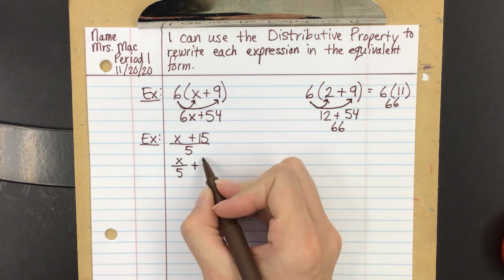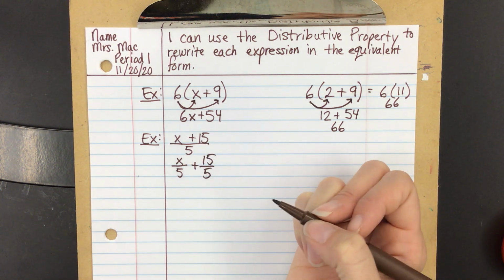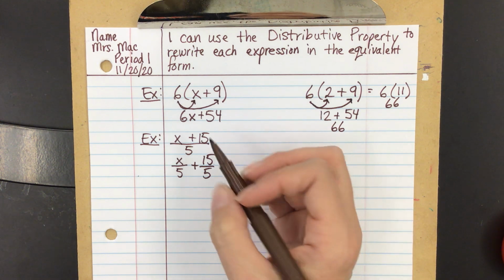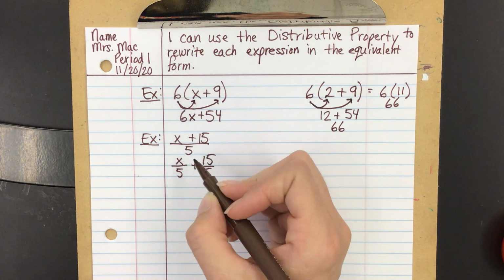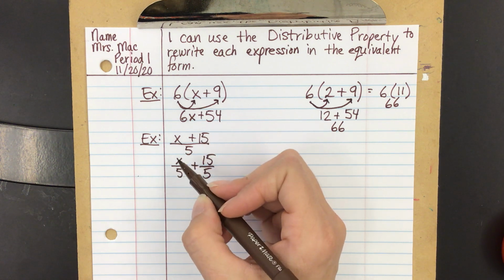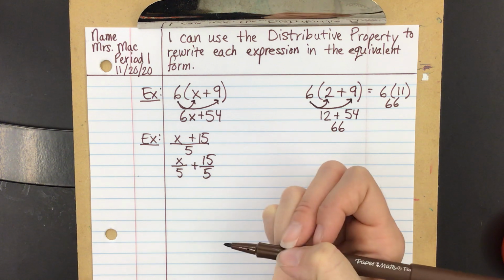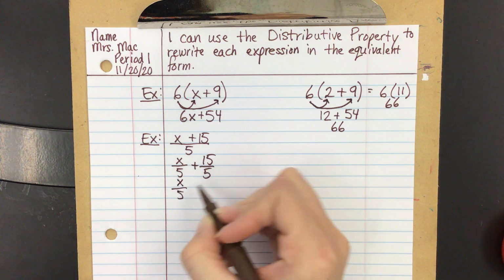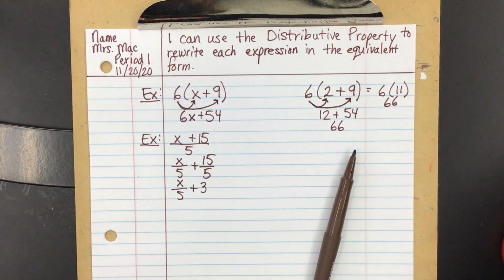So this will be 15 divided by 5. I know that's totally different than anything you've ever seen. But even with a fraction bar, because remember we consider this grouping, we can distribute the denominator to both numbers. So it'll be x over 5 and 15 over 5. And if you can simplify it further, you should. So we can do x over 5, and then 15 over 5 is 3.